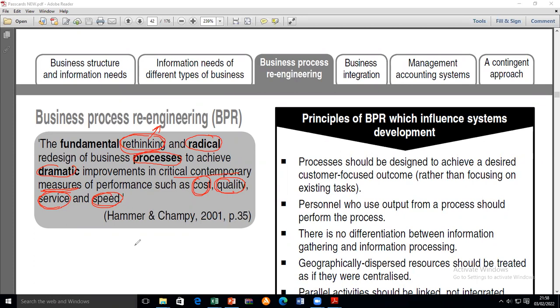The examples I normally give are, look at the ATM technology. Traditionally, the function of disbursing money to customers was purely performed by individuals.